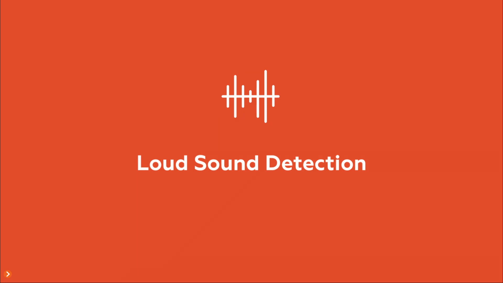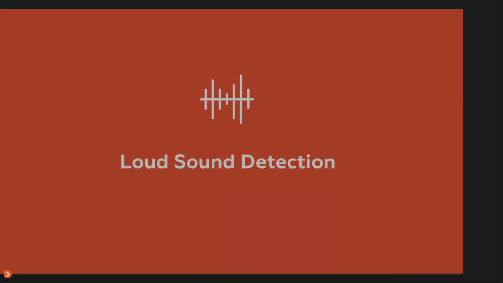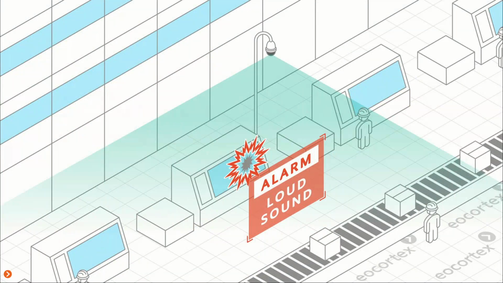Loud sound detection is one more useful video analytics module that we recommend because there might be a lot of accidents happening in the manufacturing industry, like machines breakdown or gunshots or even explosions, which all make very loud sound.